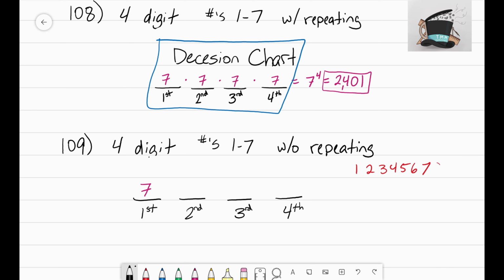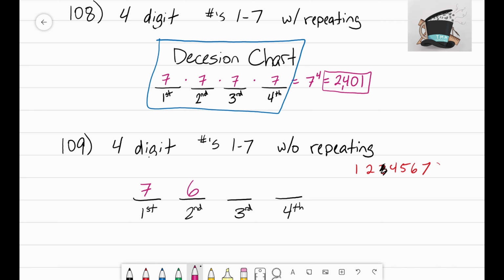So that means whatever number I choose, let's say I chose a 3, I'm no longer able to use a 3. So when I get to the second digit, I only have 1, 2, 3, 4, 5, 6 numbers to choose from, because I've taken one of the numbers out of the pool of numbers to choose from.